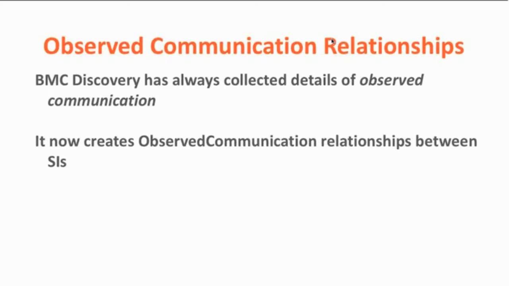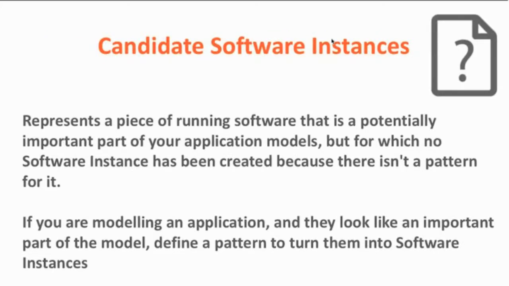That observed communications is an integral part of this new paradigm of understanding the relationships between software instances, the hardware they're running on, and again, the load balancers they're sitting behind, the web servers that are supporting them. All of that information is available now, including that observed communications information.